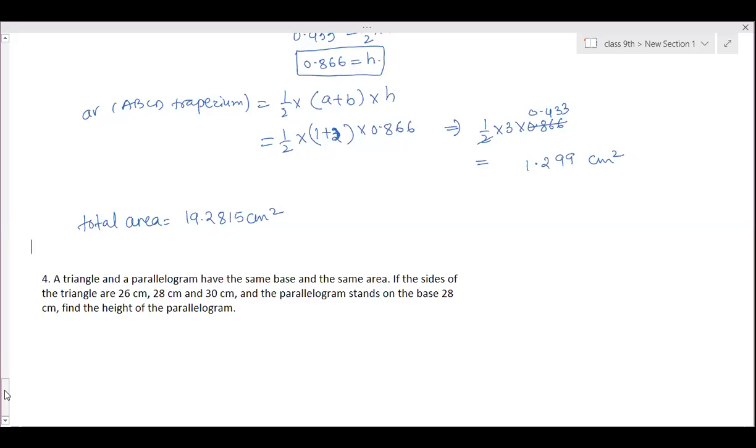We found the area of the triangle, and that is equal to the area of the parallelogram. The base is given as 28 centimeter, so the height is equal to 12 centimeter. Yes, ma'am, 12 centimeter. Right.